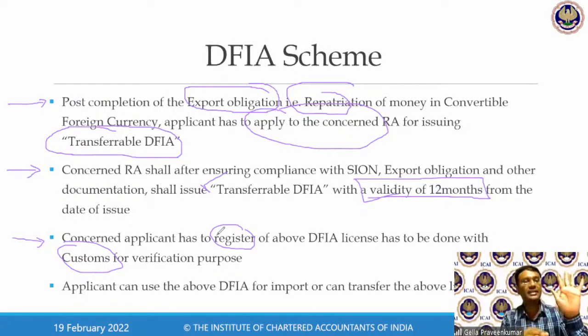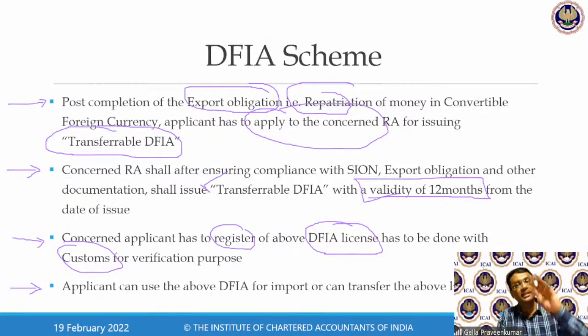They check this DFIA back with the DGFT authorities, and then give so much of value to this IEC or that particular license. So each license will be loaded with a value which is available on the customs portal. And this particular license, the applicant can use for import or can transfer the license.